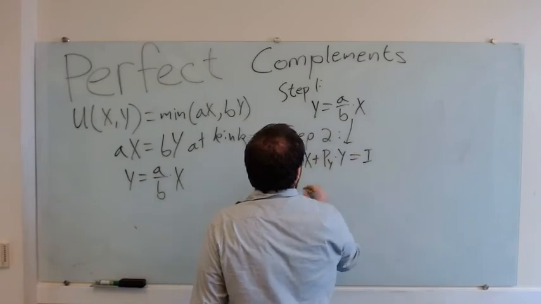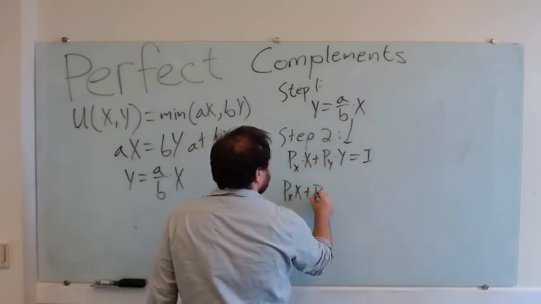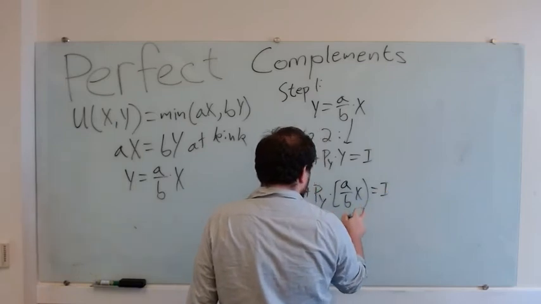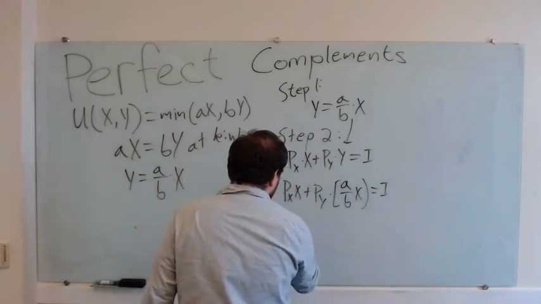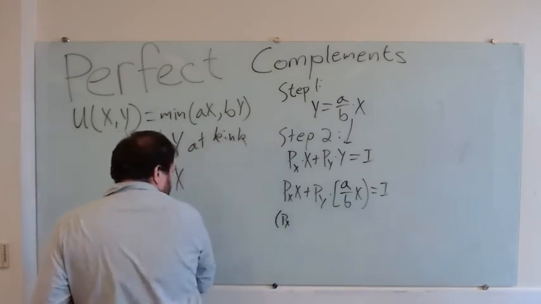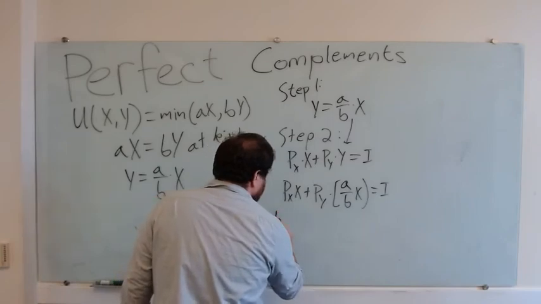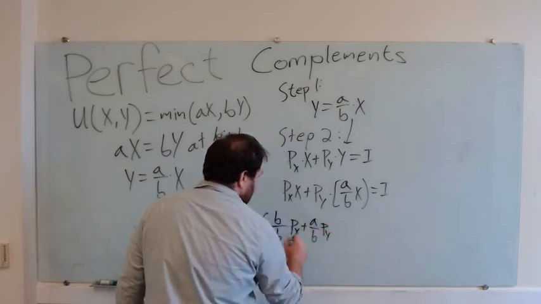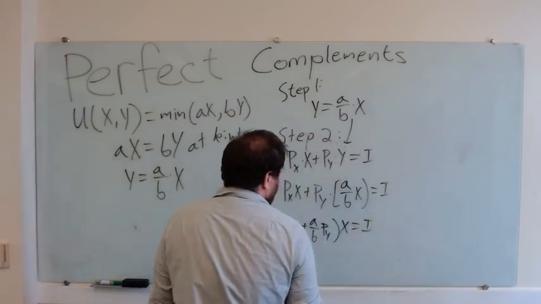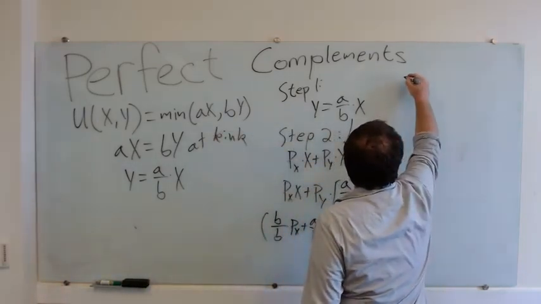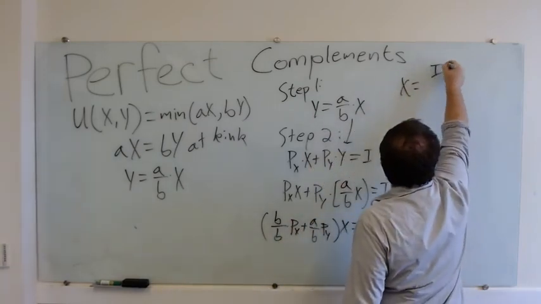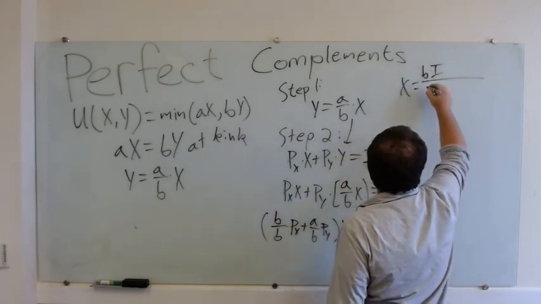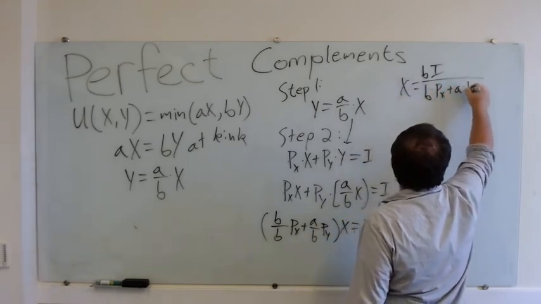We can plug this in for y. So we can say px times x plus py times a over b x equals I. I can pull out x, so I'm actually going to make this b over b times px plus a over b times py, all times x equals I. And that's going to give me x equals b times my income divided by b times px plus a times py.